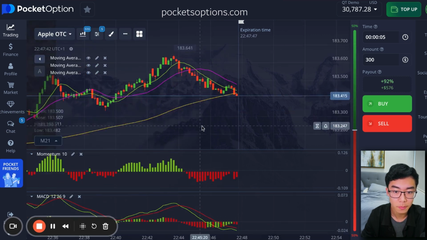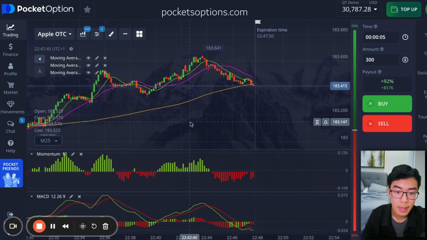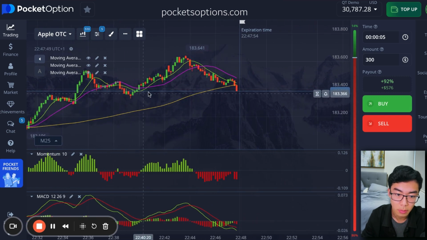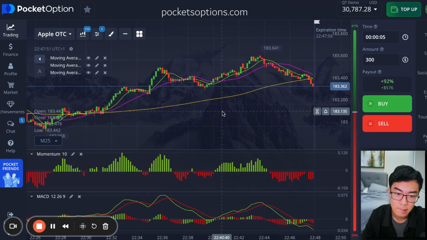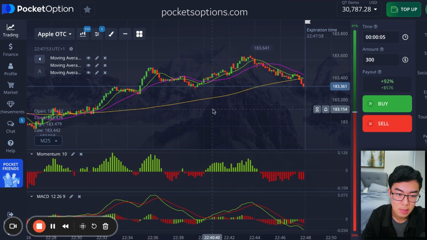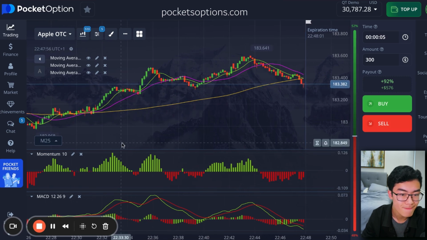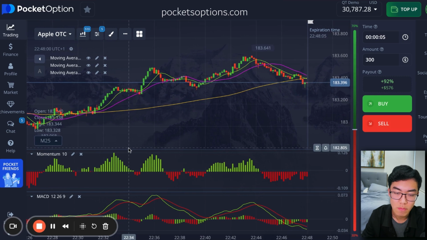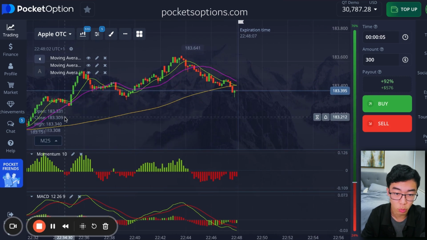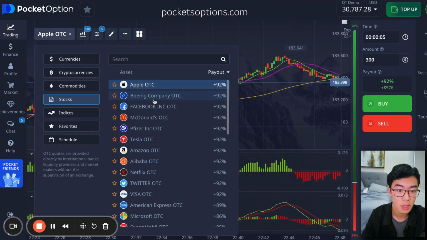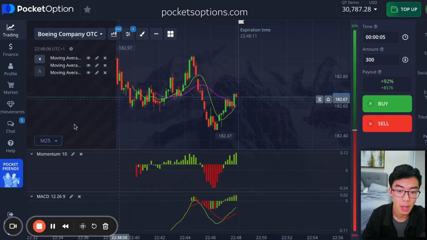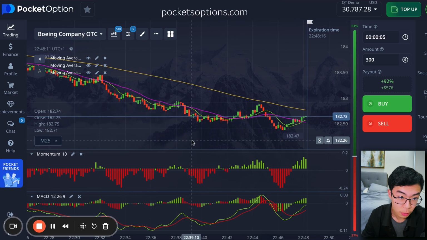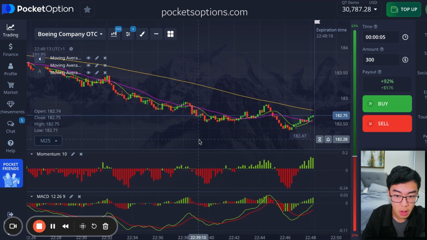Let's go to Apple, and let's see here. Potentially, but not really any strong momentum or even any strong support, so I wouldn't trust this one right here. Let's see here. There might be a good resistance level around here soon.